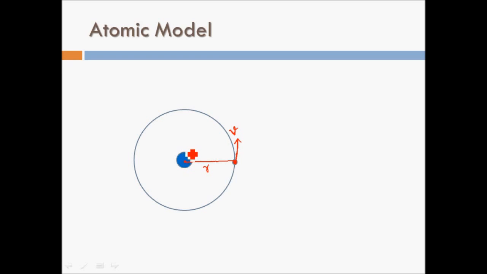Now we also know that this nucleus will have protons in it. If you remember, the atomic number, represented by the capital letter Z, represents the number of protons inside the nucleus.